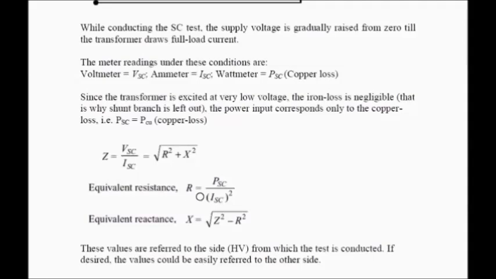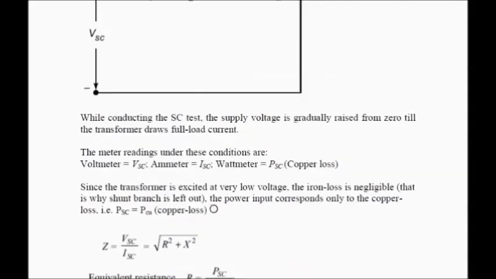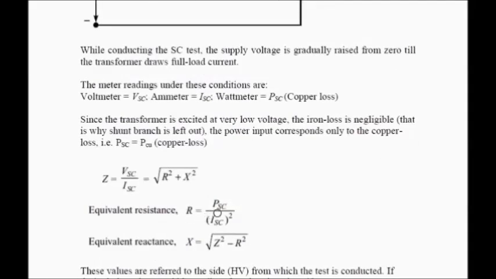Hence what will the equivalent resistance R be? ISC square into R will be PSC, because this is copper loss. So R can be calculated by PSC divided by ISC square, and as we have the overall impedance and resistance, we can find the inductive reactance X as the square root of Z square minus R square.